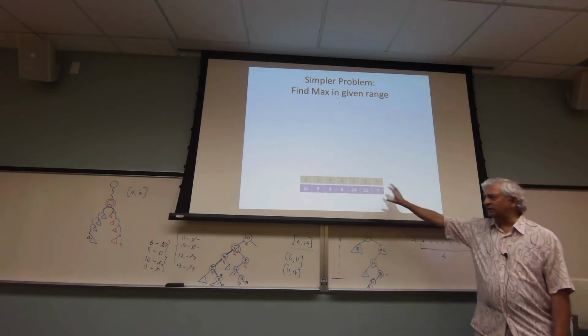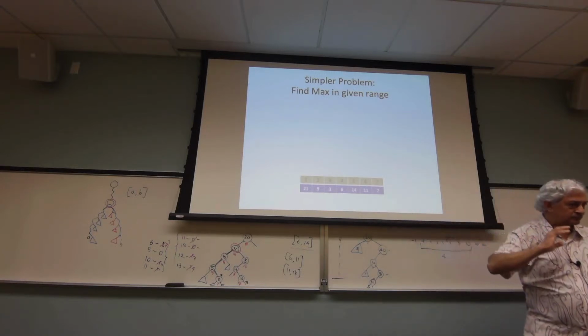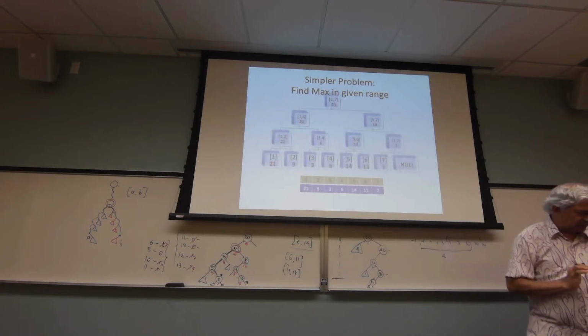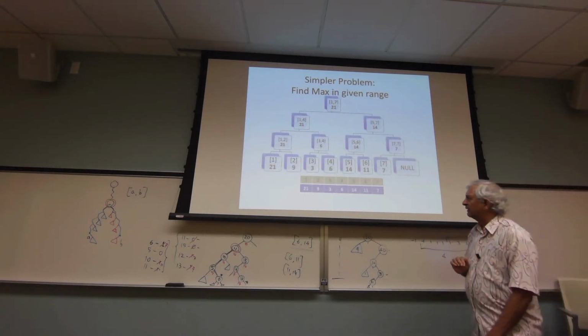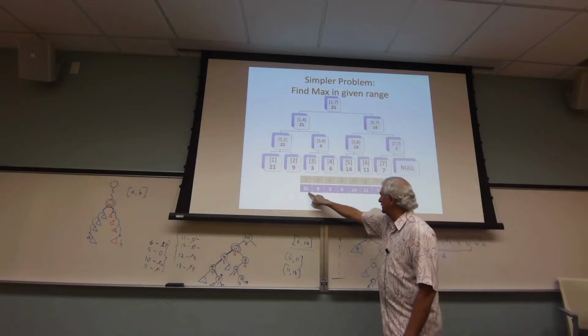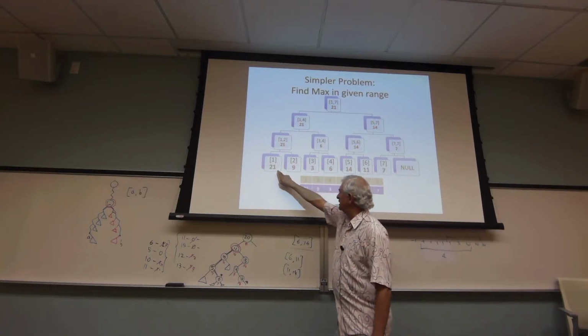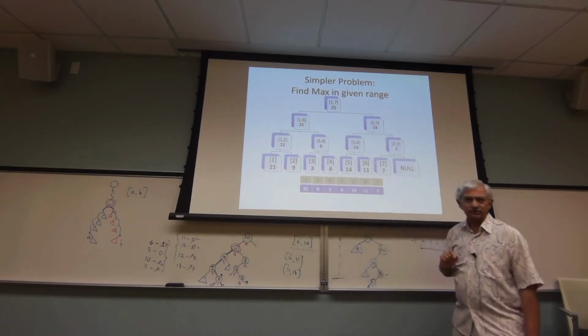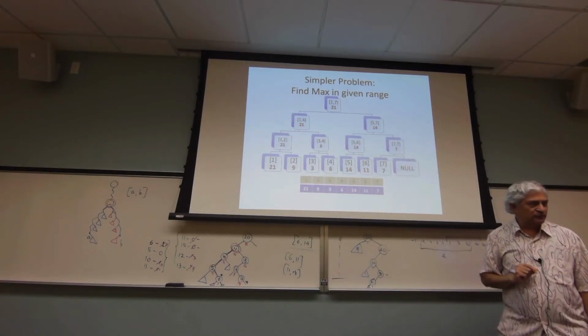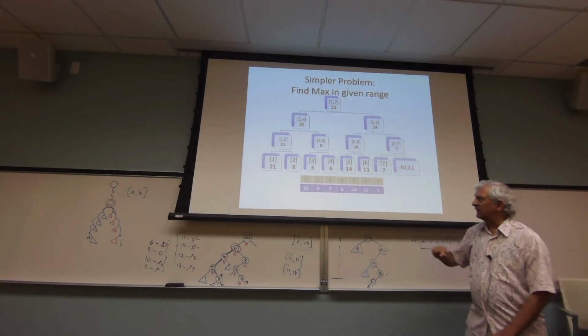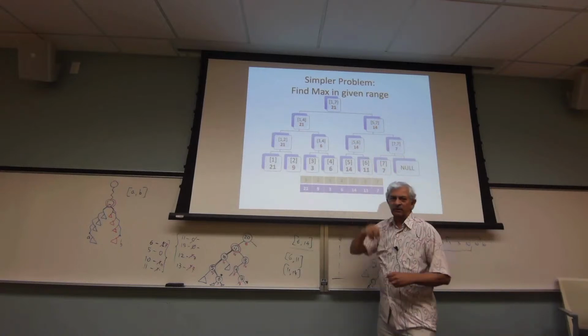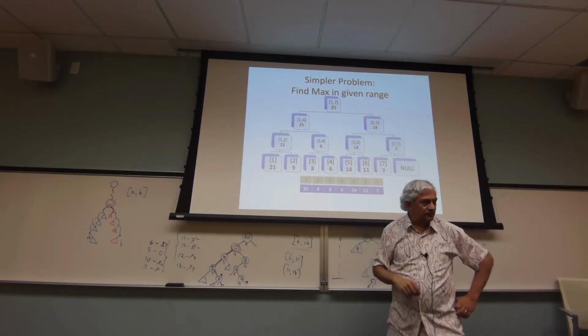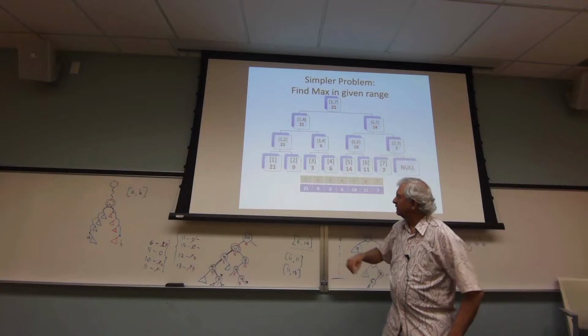What we'd like to do is to turn this into a tree. Okay, and here's a possible tree. So we take all these values and put them at the bottom of the tree, make them leaves of this tree, and then we build a balanced binary tree on top of it, right?